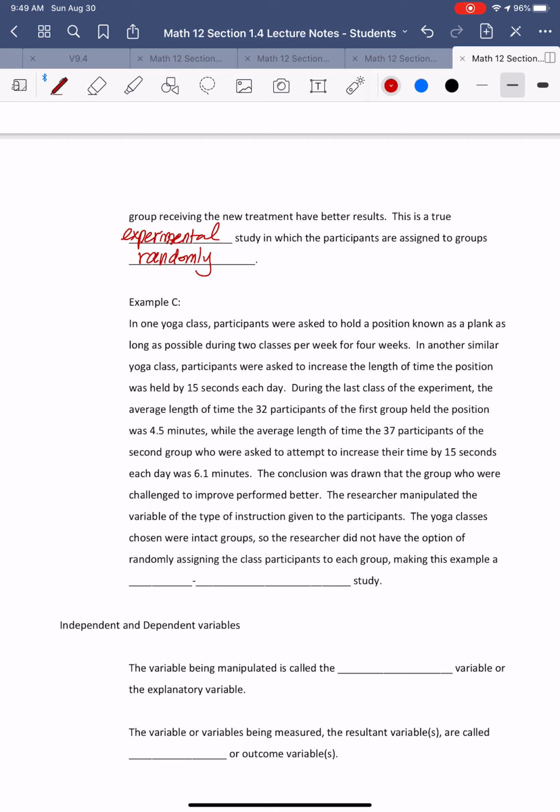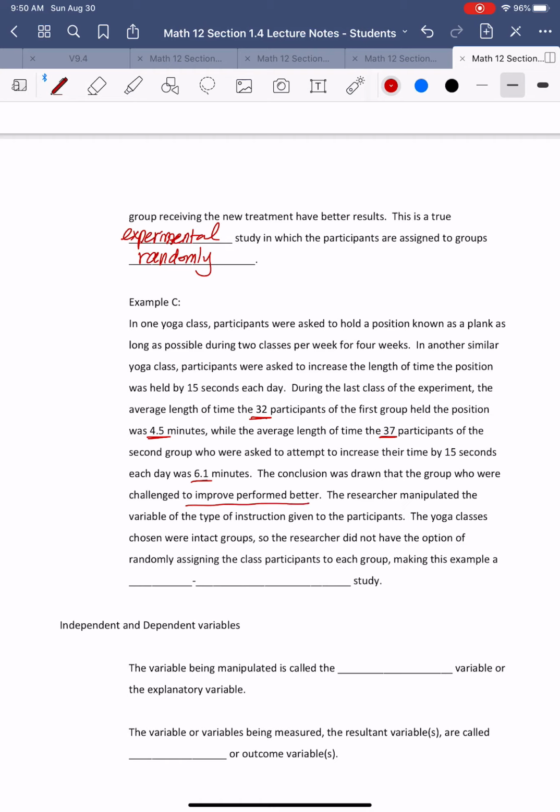In comparison, the second group stayed longer. The conclusion drawn is that the group who were challenged to improve performed better.